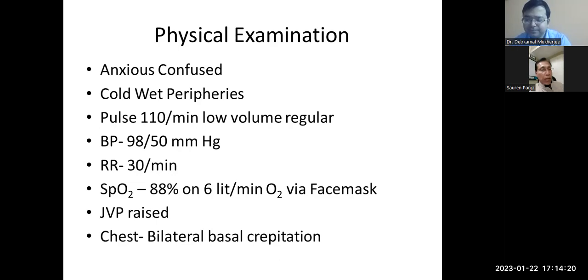Actually, that depends on whether the patient is in a compensated or a decompensated state. If a patient is in a decompensated state, at that time you might have that diastolic pressure.